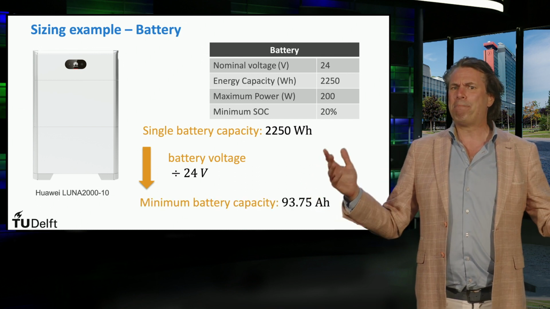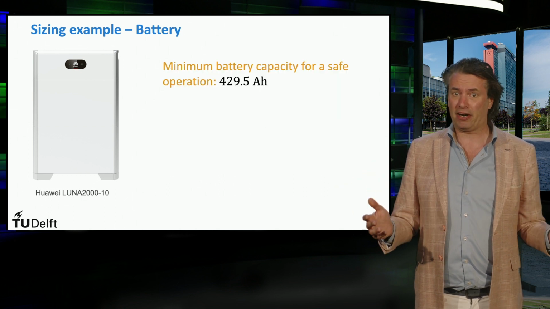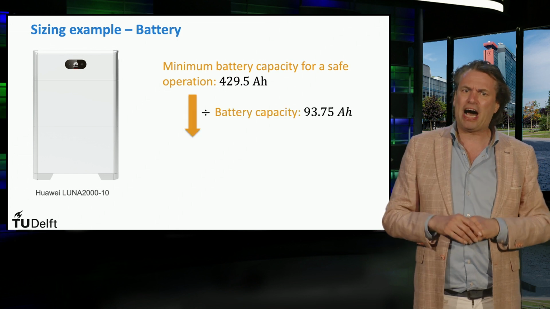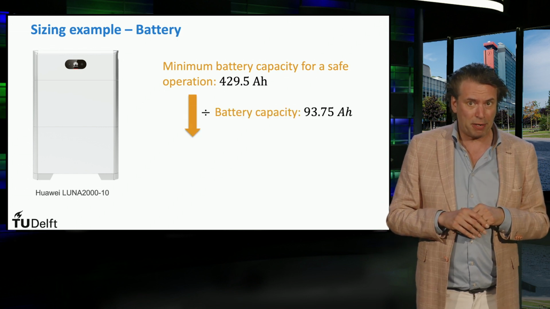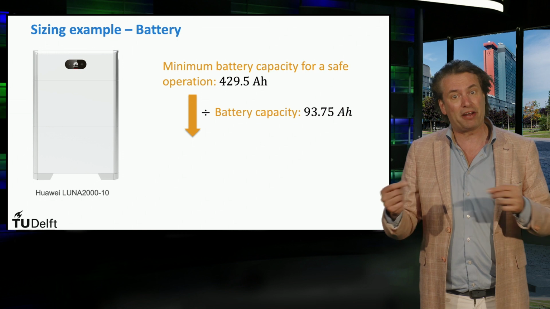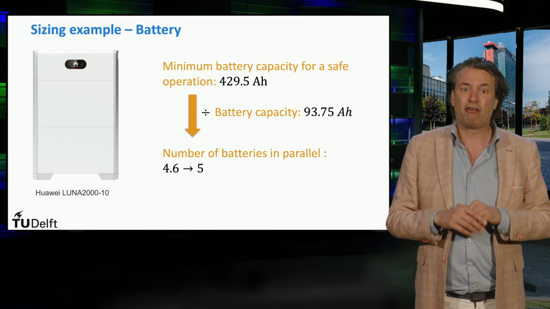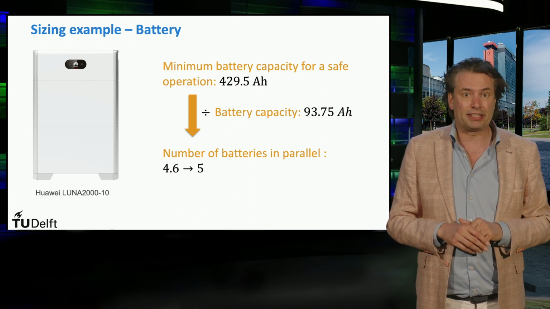How many batteries should be connected in parallel in the battery bank? This can be obtained by dividing the minimum battery bank capacity by the single battery capacity. In this example, it would mean that 5 batteries should be connected in parallel.